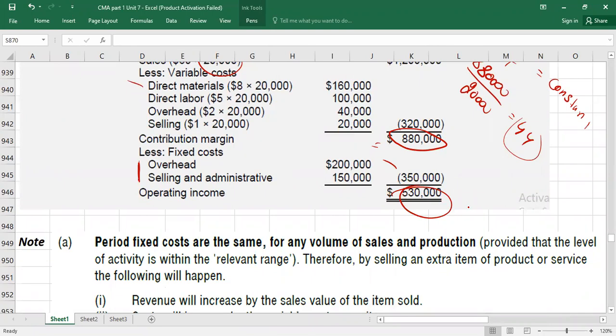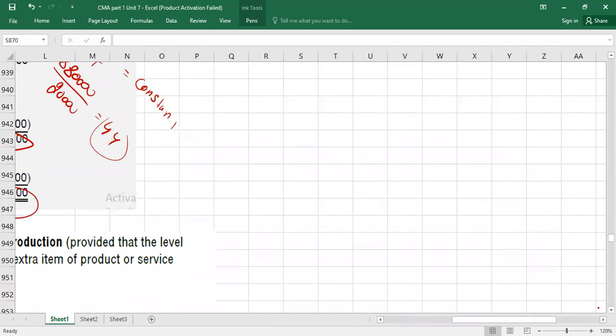Previously you were selling 20,000 units, now you are selling 25,000 units. Previously your operating income was 530,000 and now you got 750,000. Right or wrong?